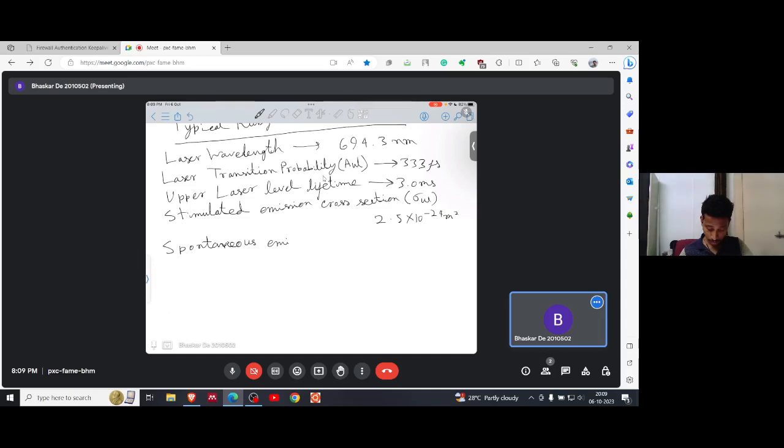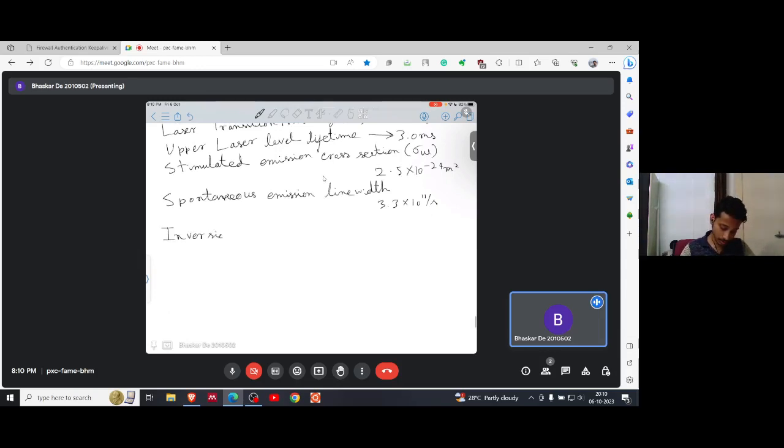Spontaneous emission line width is 3.3 into 10 to the power 11 per second.